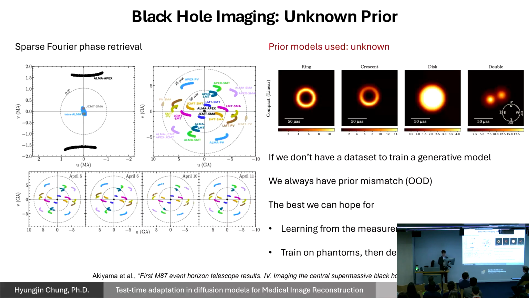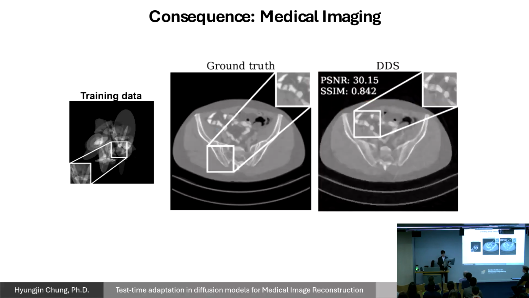All you can do is maybe train your diffusion model on phantom data, and hopefully this diffusion model will achieve some generalization such that even if you have this prior mismatch, you can get a decent sample.